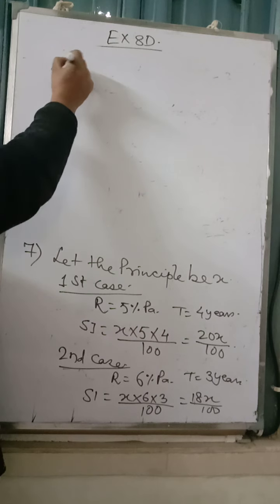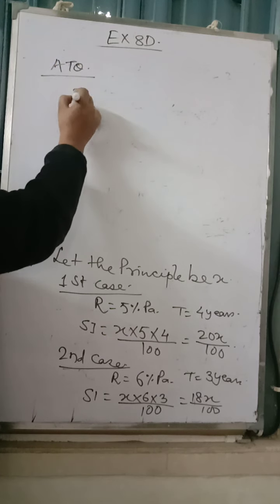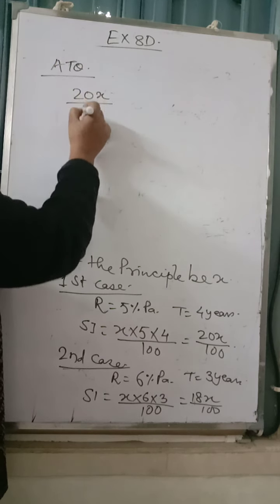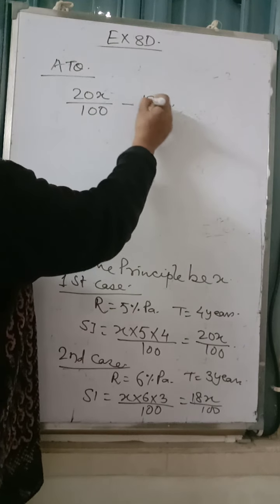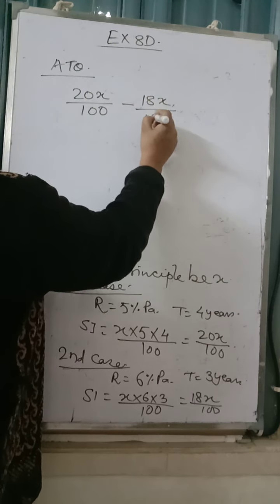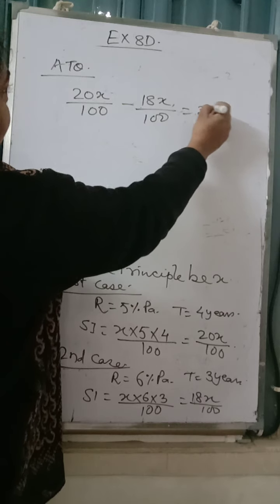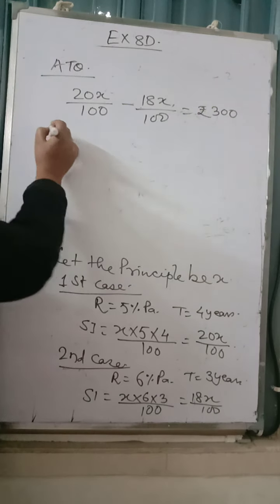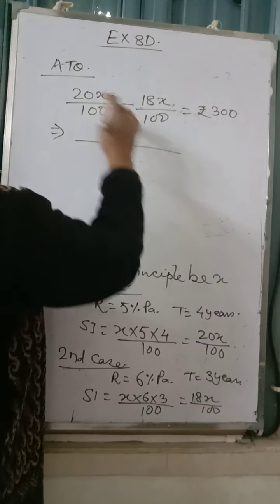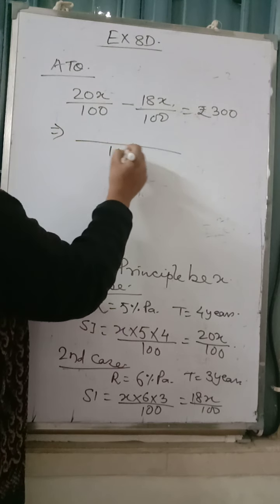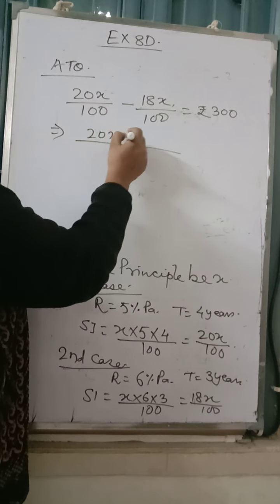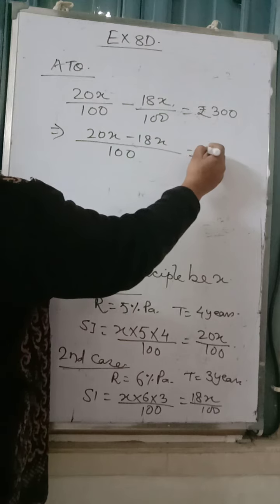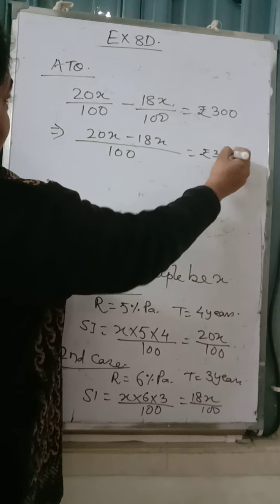According to the question, the first interest is rupees 300 more than the second interest. So first interest minus second interest is equal to rupees 300. May I write it? Now you can understand why I have not reduced this. 100 and 100, LCM is 100. So 20x minus 18x is equal to rupees 300.